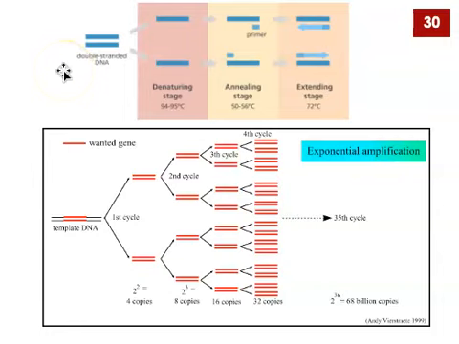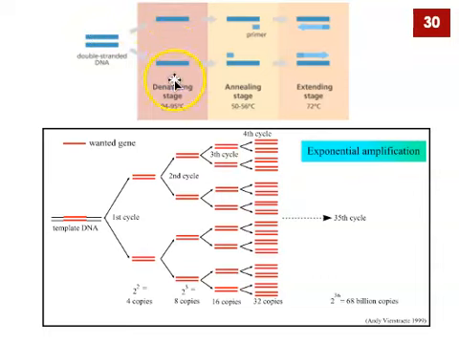Inside that test tube, with every cycle, we're going to double the number of DNA molecules. So we begin, let's say, with one piece of DNA, double-stranded. We're going to send it through the cycle.